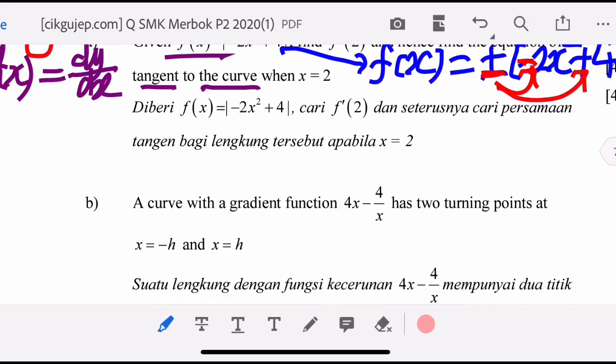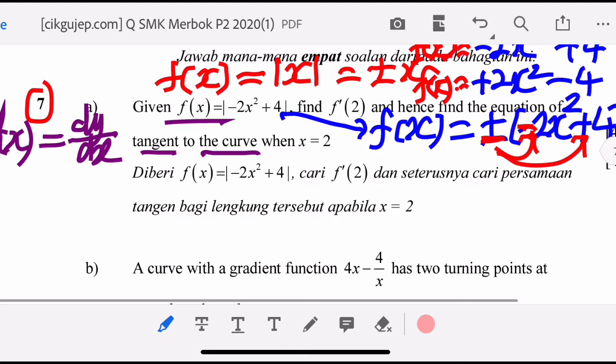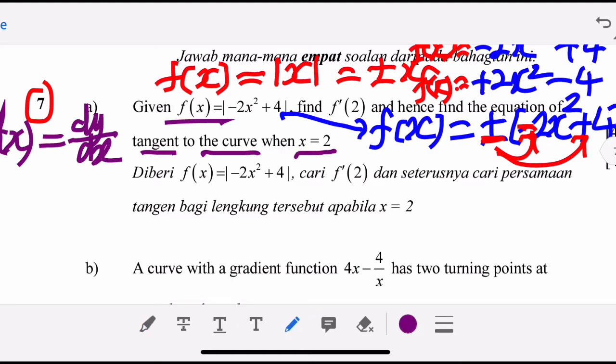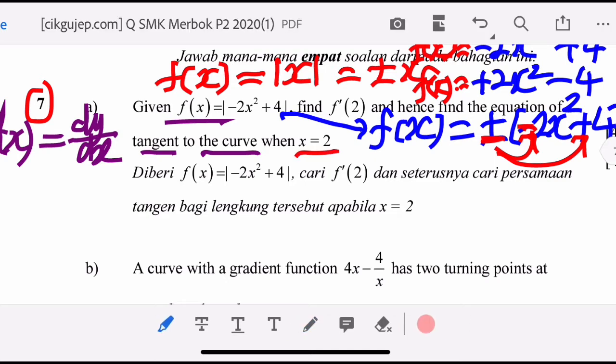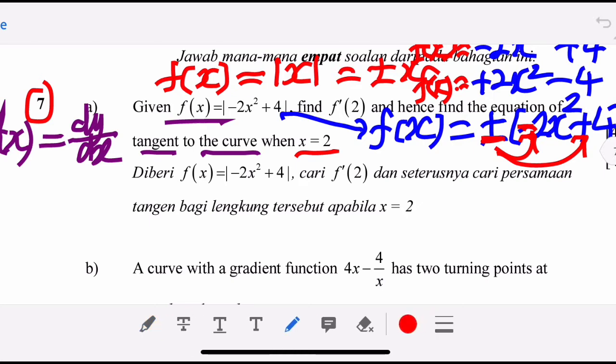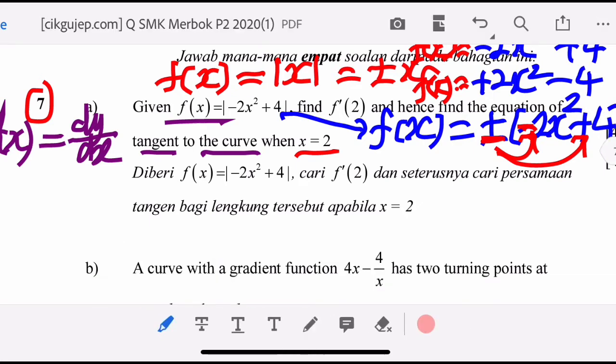I'm going to find the first derivative at x equal to 2. Now you have to study the function. Function means graph, so I think we need to sketch the graph before we find the first derivative at x equal to 2. We just sketch a simple graph, alright?